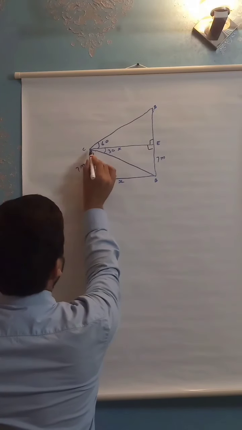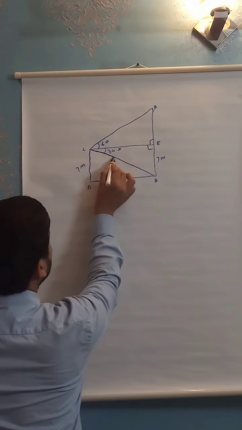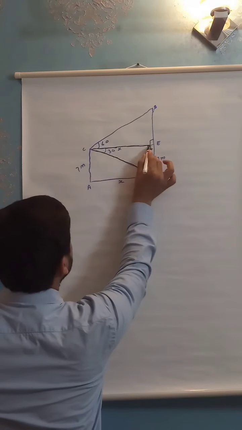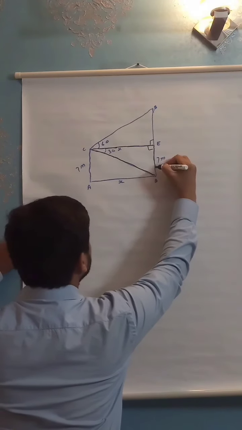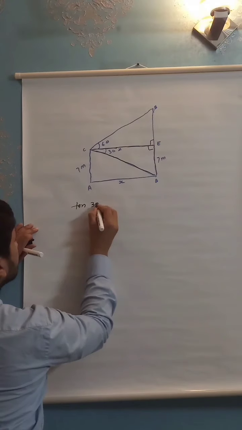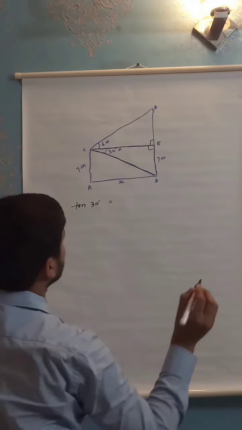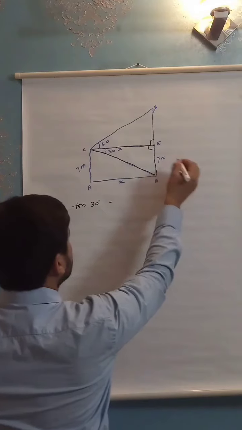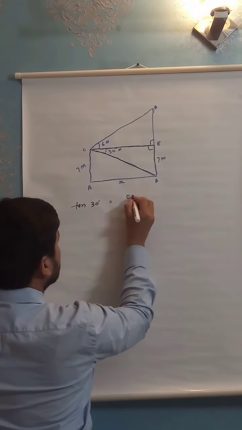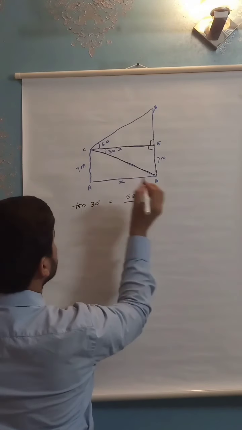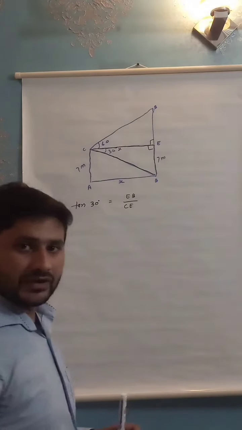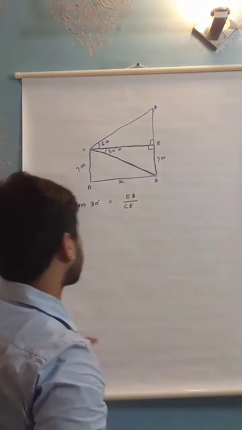From the right angle triangle BCE, tan 30 degrees equals EB upon CE, where EB is 7 meter. Tan theta is equal to perpendicular upon base.